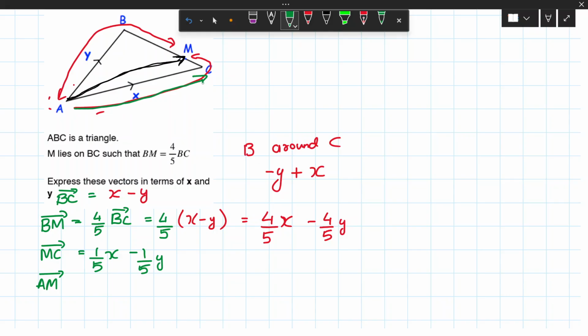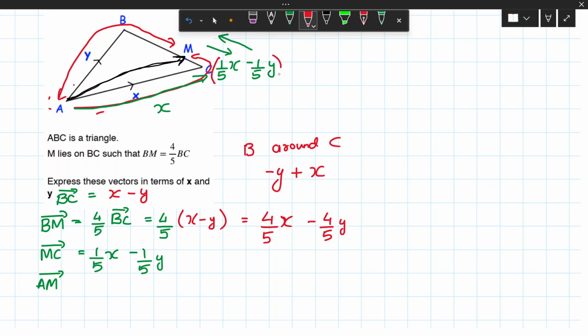If I'm going in the anti-clockwise direction, I am going up here, so I'm collecting a positive x. Now I know MC. MC is going down, but I need to go up. MC is 1/5 x minus 1/5 y. Because I am going in the opposite direction, I need to get the negatives of these.